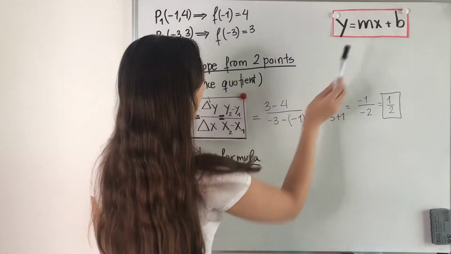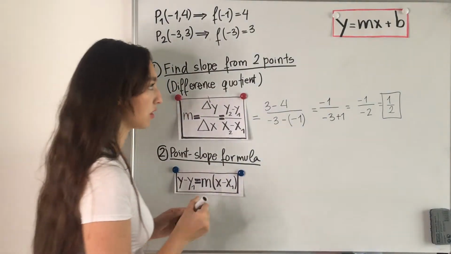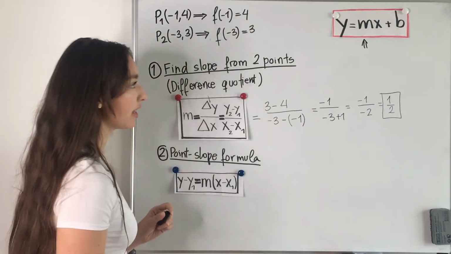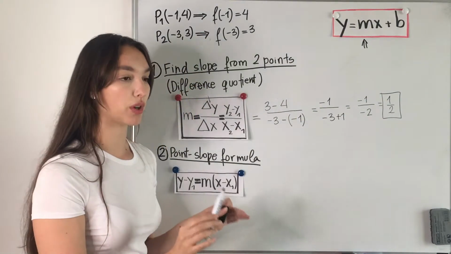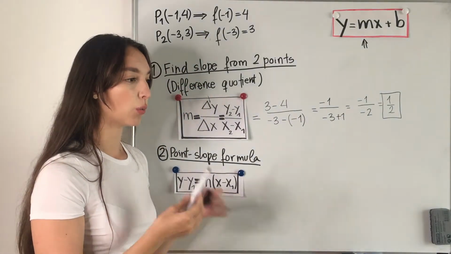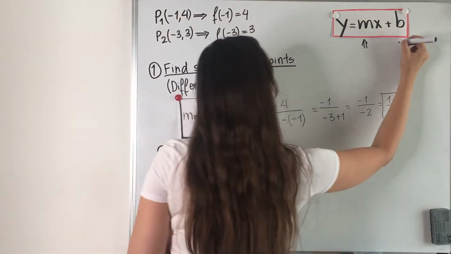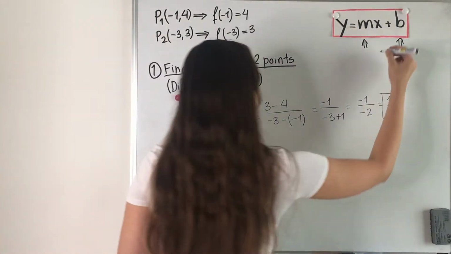Now if we take a look at the general equation for our linear function, we've already calculated the slope. And it's important to say that we want to keep y and x as variables. We don't want to substitute that with a number, so we just want to keep it as y and x. But we've got b, and b is our y-intercept.